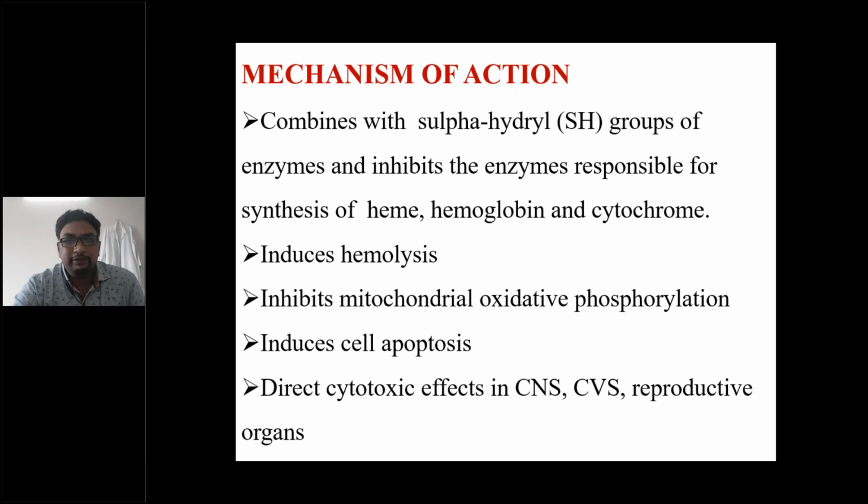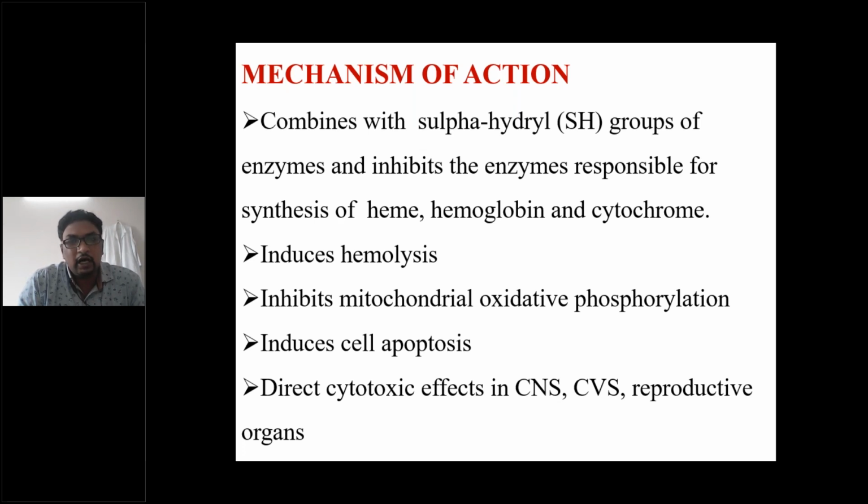So what is the mechanism of action of this lead poisoning? The lead, when it enters the body, combines with the SH groups, which is nothing but the sulfhydryl groups of enzymes, and then it inhibits the enzymes responsible for the synthesis of hemoglobin. Very, very important: heme synthesis, then hemoglobin synthesis, and then cytochrome synthesis.